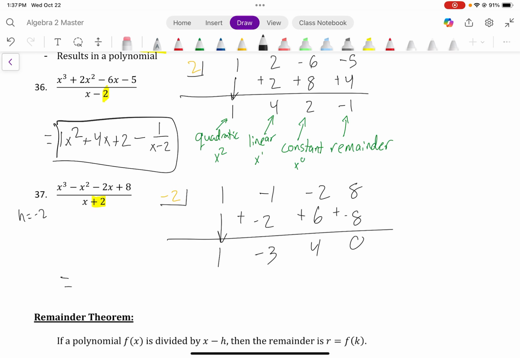That just means that this will equal, well, this is my constant, linear, quadratic term. So 1x squared minus 3x plus 4, okay? Probably the easiest way to write your resulting polynomial is to actually start on the right-hand side and work your way to the left, which feels weird.